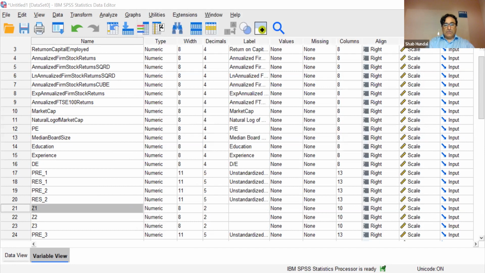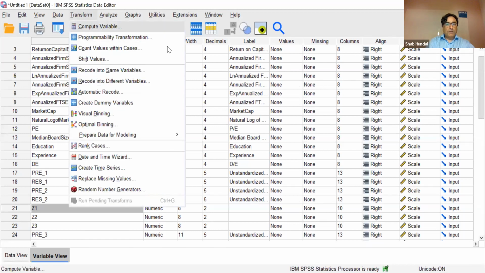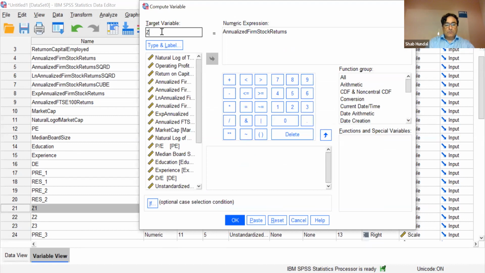And what was the Z2? Was the natural log. So if I calculate again my Z2, and this time I only take the natural log of market cap, and not the, sorry, I'm just trying to take away this first and then share my screen. And what was the third variable? Annualized FTSE.